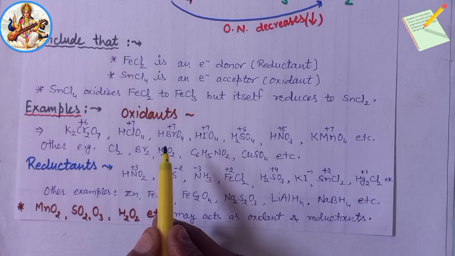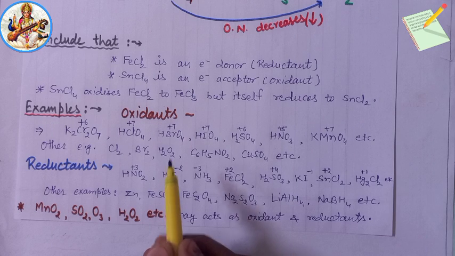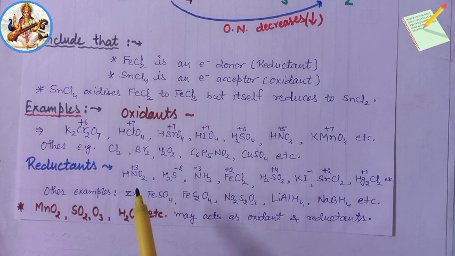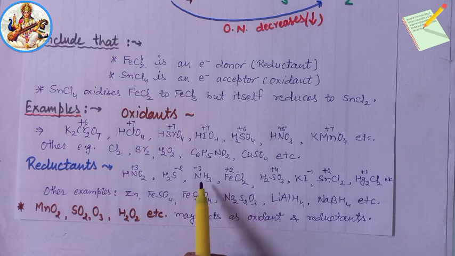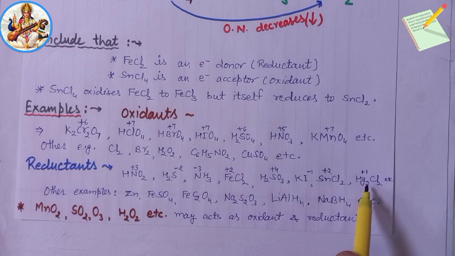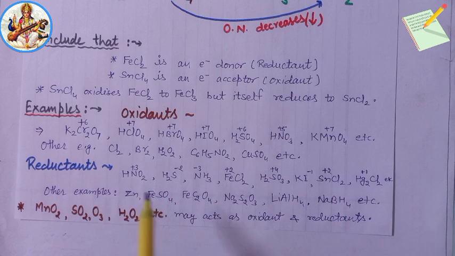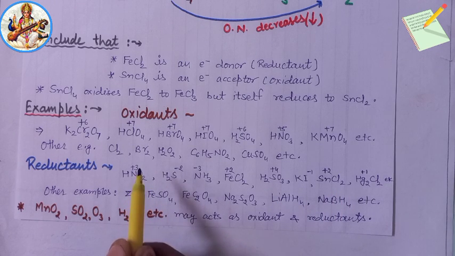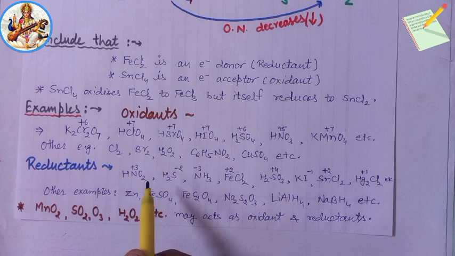Other examples of oxidants are chlorine, bromine, hydrogen peroxide, nitrobenzene, copper sulfate, etc. On the other hand, if the oxidation number of an element in a compound is minimum, then the compound acts as a reducing agent or reductant. For example, nitrous acid, H2S, NH3, FeCl2, H2SO3 (sulfurous acid), KI, SnCl2, Hg2Cl2 (mercurous chloride), etc. In all these compounds, the center atom is in its minimum oxidation number.